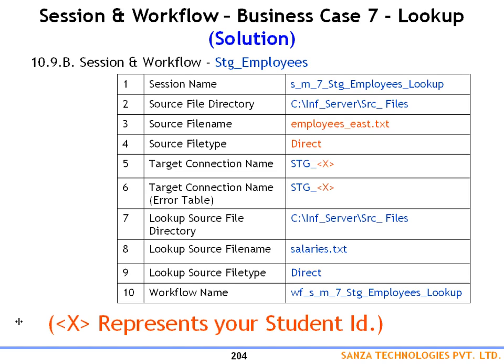You have two connections. That's why for lookup, you have to specify the path in the workflow. So please be focused, understand this, and look at this very carefully.